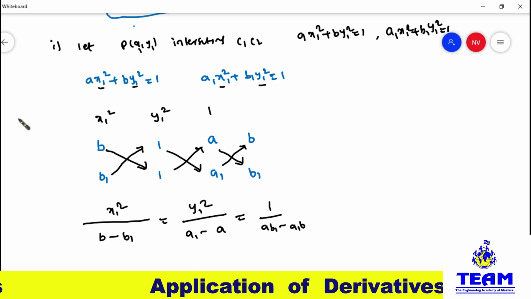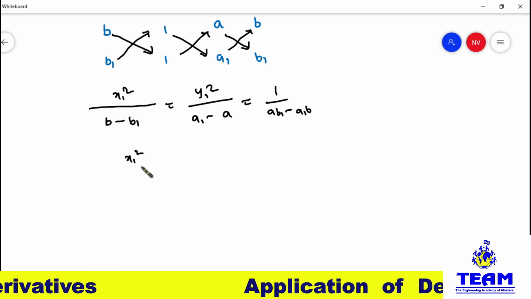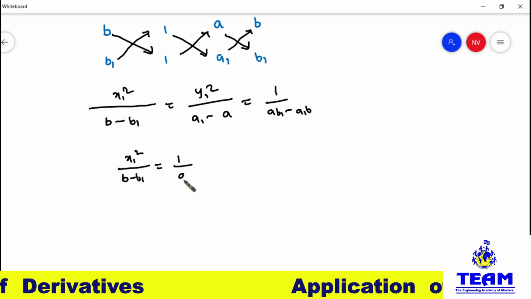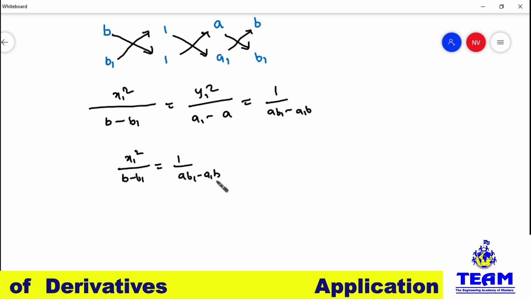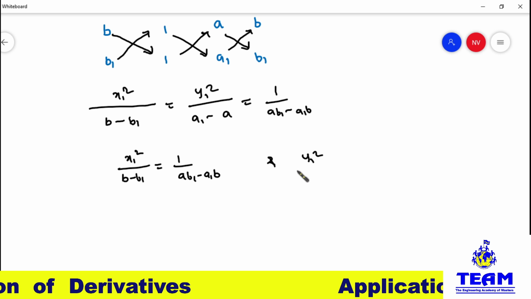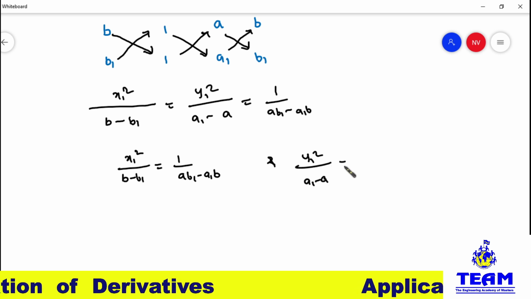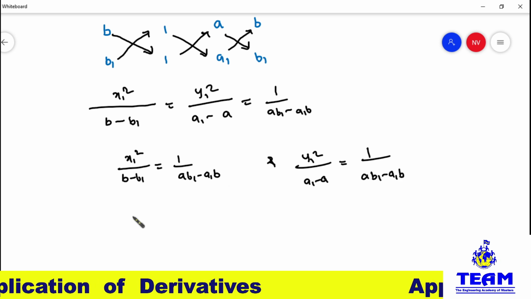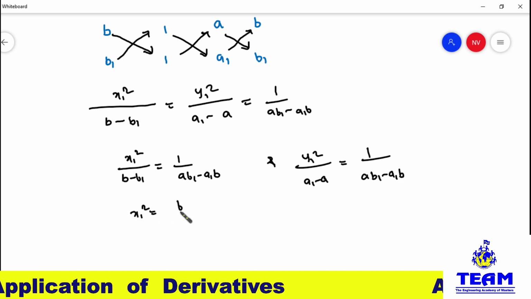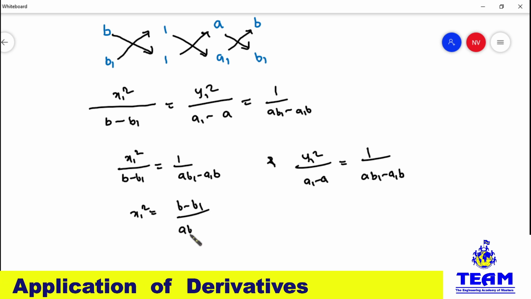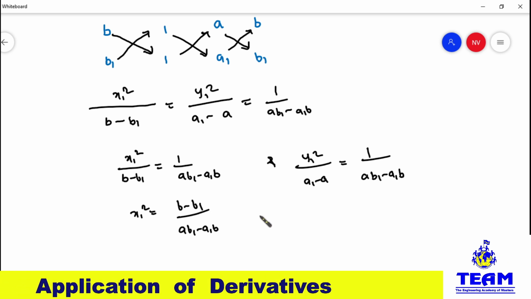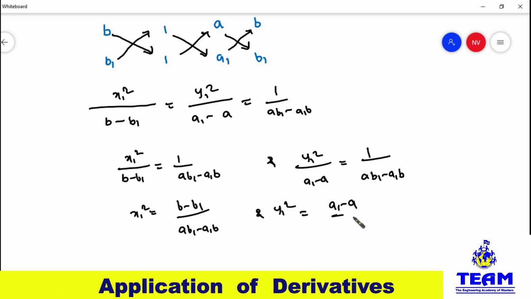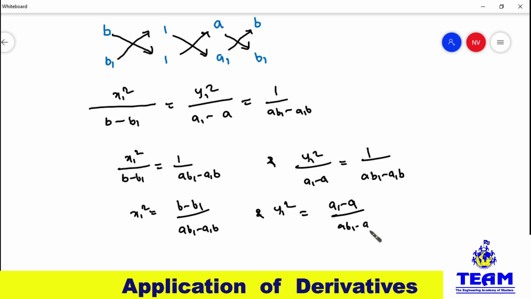Yes or no? Right. From this you can say x1 square divided by b minus b1 is equal to 1 by ab1 minus a1b, and y1 square divided by a1 minus a is equal to 1 by ab1 minus a1b. So x1 square is equal to b minus b1 by ab1 minus a1b, and y1 square is equal to a1 minus a by ab1 minus a1b.